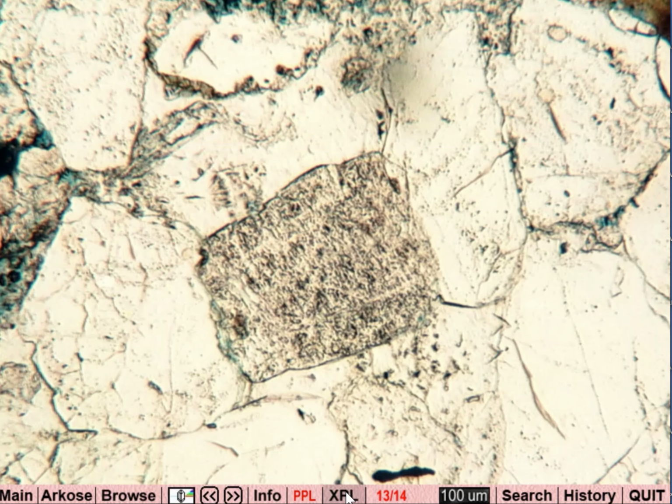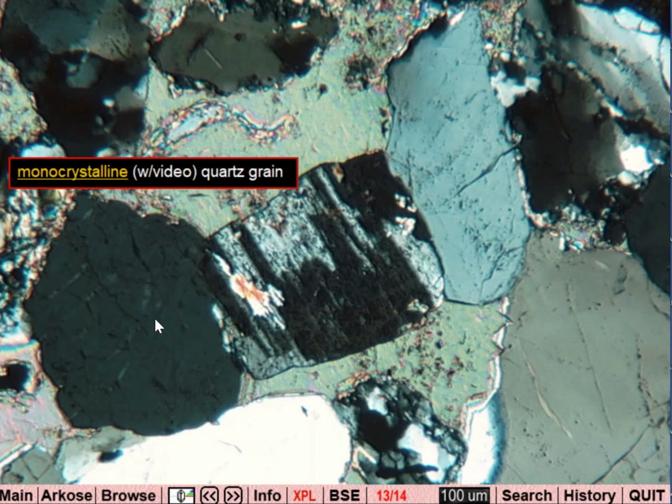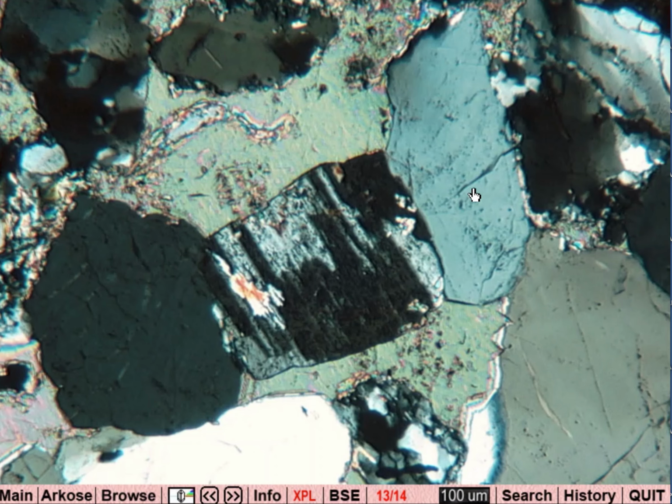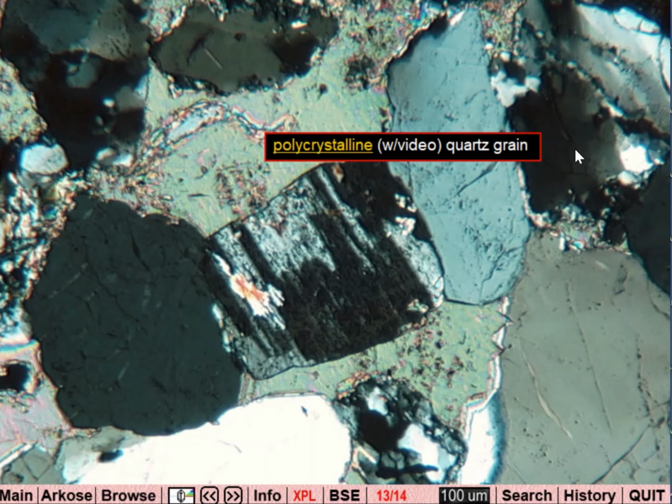We're going to look at it in XPL, same image, okay? And we see there's our quartz with its low magnification. And now it makes a big deal out of the monocrystalline quartz versus the polycrystalline. The polycrystalline quartz might be from like a little piece of quartzite.